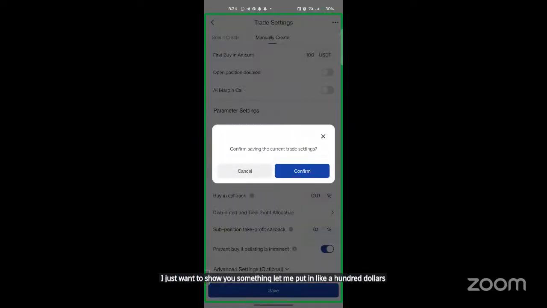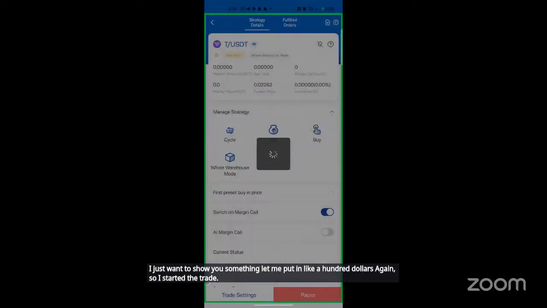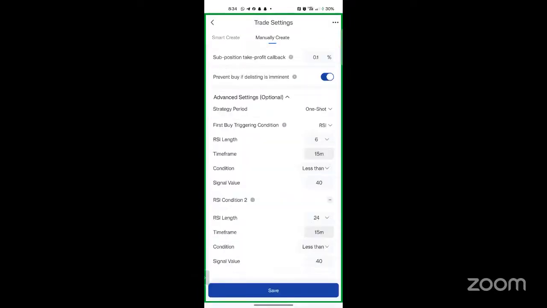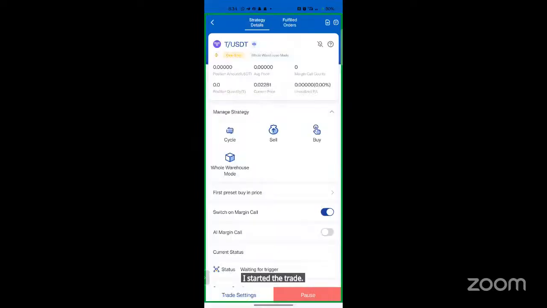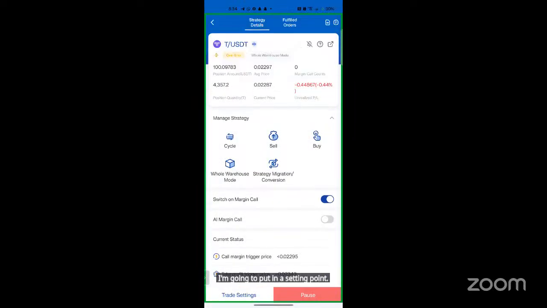Okay. So I start the trade. But when I start this trade, I'm going to put in a selling point. Just follow, guys. I'm just going to come here and I tap on the sell price.